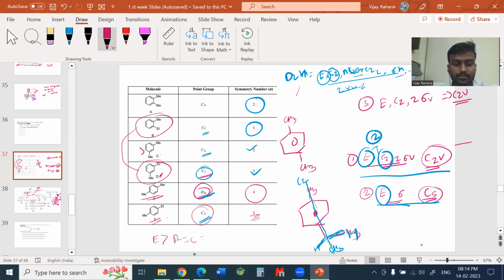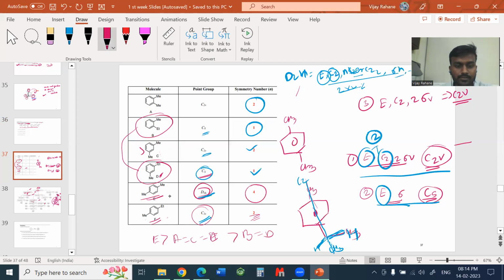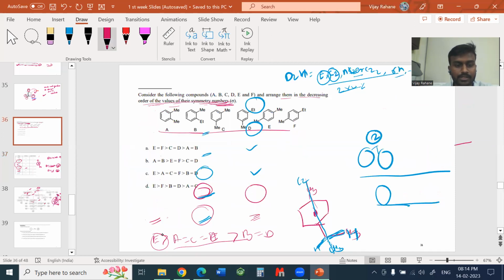A equal to C equal to E, which is greater than B and D. That is B equal to D. So the correct option here is this one. You can check with this one. E is having the highest one.